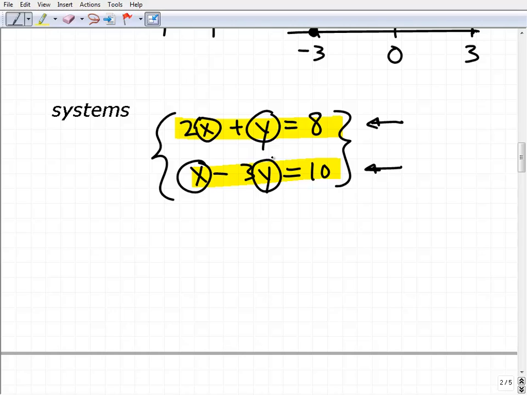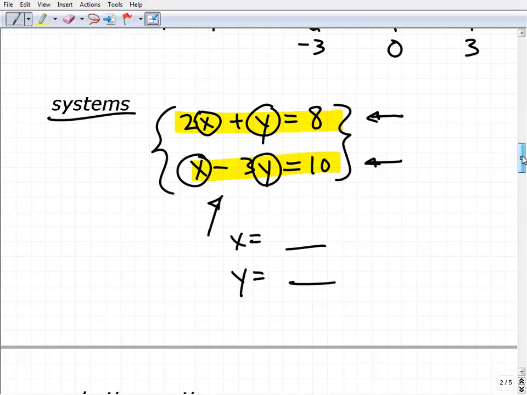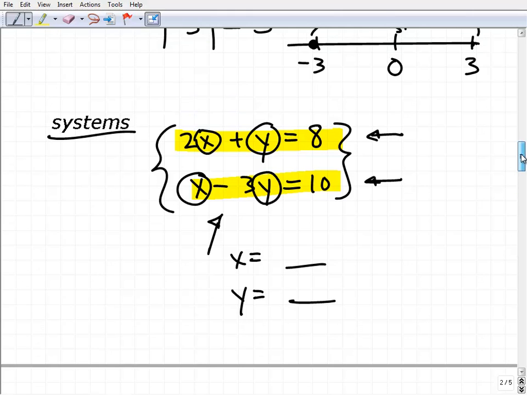You're going to have to know a little bit about systems, what they represent, and their solutions, and then of course how to solve a system. To solve a system is to determine what x is equal to and what y is equal to. There are a couple of key techniques you're going to need to know to be able to solve a system. So that was systems. I'm basically flying through an Algebra 1 course in a few minutes.